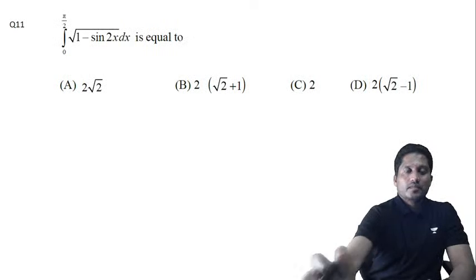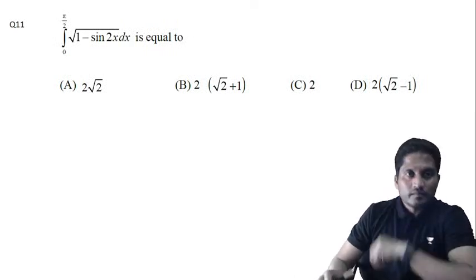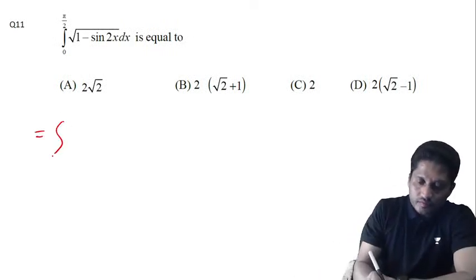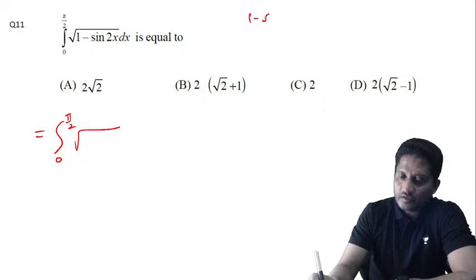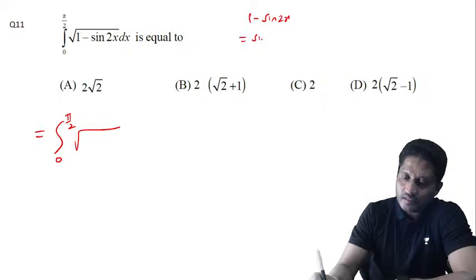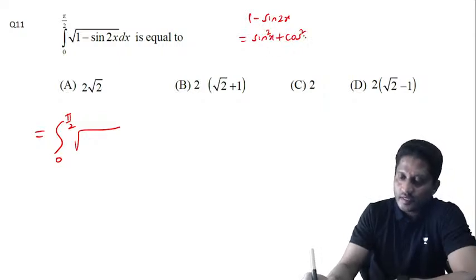Right, question number 11. So 0 to pi by 2. Okay, root of 1 minus sine 2x can be written as 1 can be written as sine square x plus cos square x, right? And sine 2x can be written as 2 sine x into cos x, right?